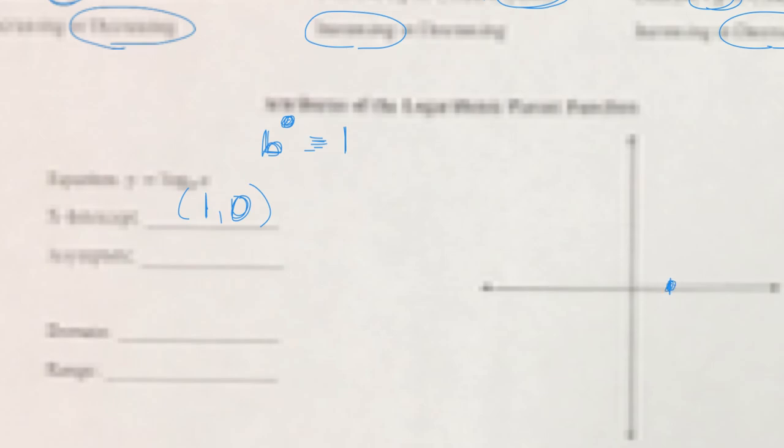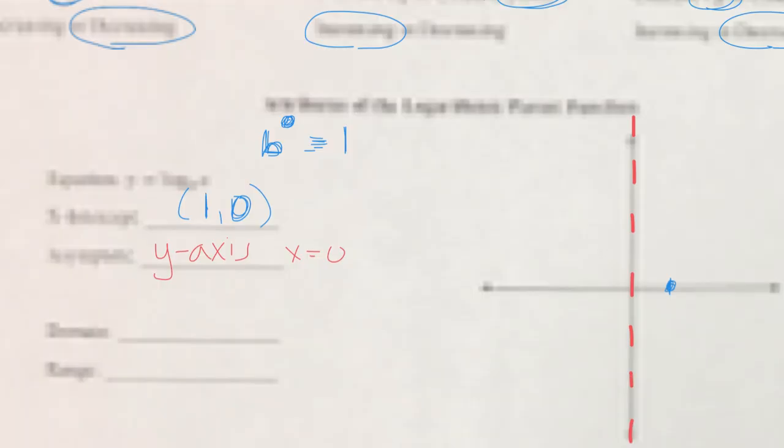So that's where it crosses your x-axis. Okay, and we always have that asymptote through your y-axis, which is the line x equals 0. Okay, so we always have a vertical asymptote along your y-axis.